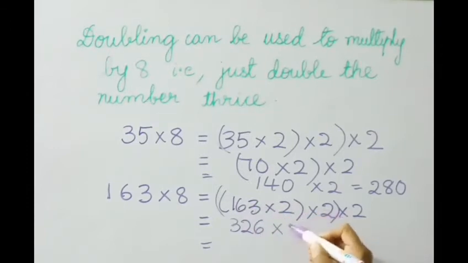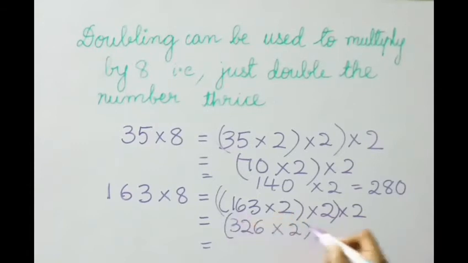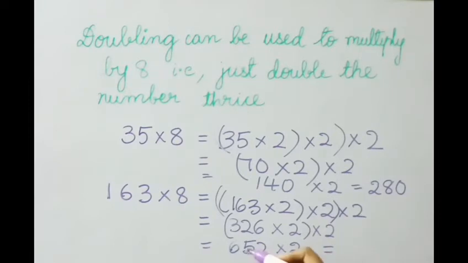Now this value is multiplied by 2. 3 double 6, 26 double 52. So 326 multiplied by 2 is 652. Now this value again multiplied by 2. So 65 double 130, 2 double 4. So the answer is 1304.